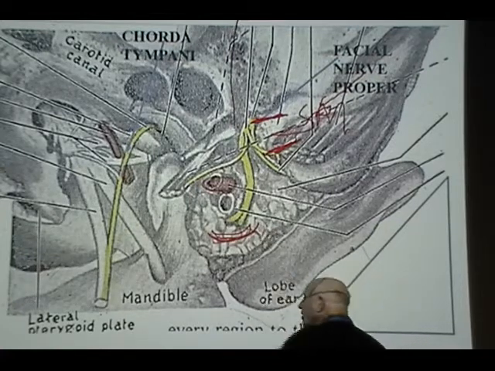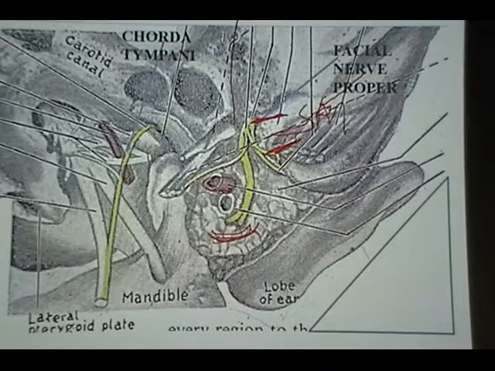And then large artery, what do you think that large artery is that is kind of caught up in the substance of the parotid gland? Internal carotid. Internal carotid. The parotid gland, we'll talk about anesthesia, local anesthesia techniques, in particular in relationship to inferior alveolar blocks and things like that.